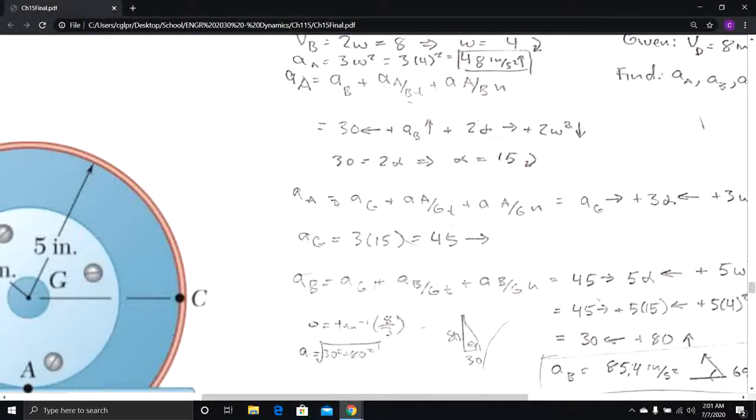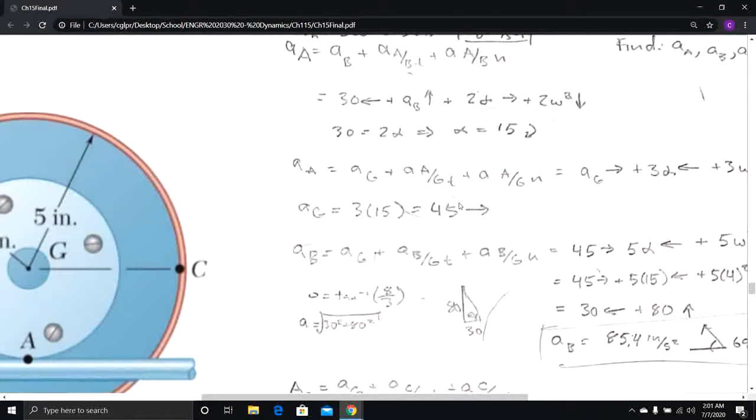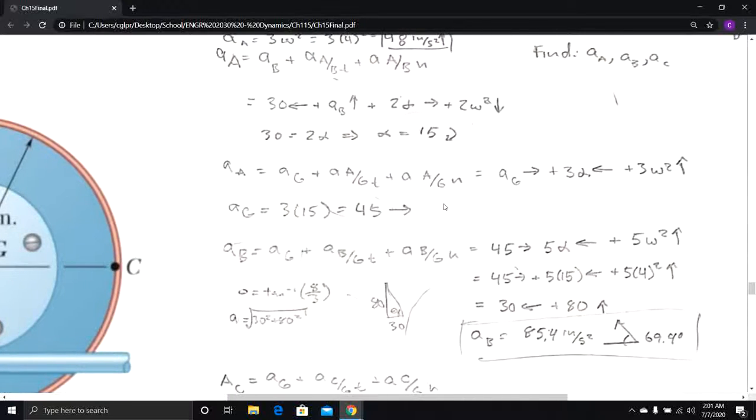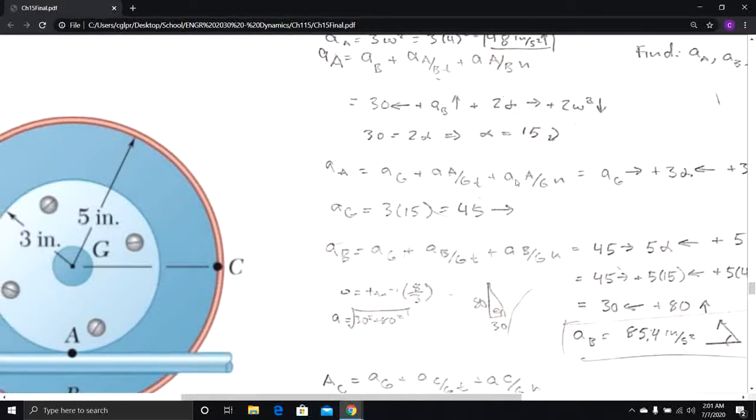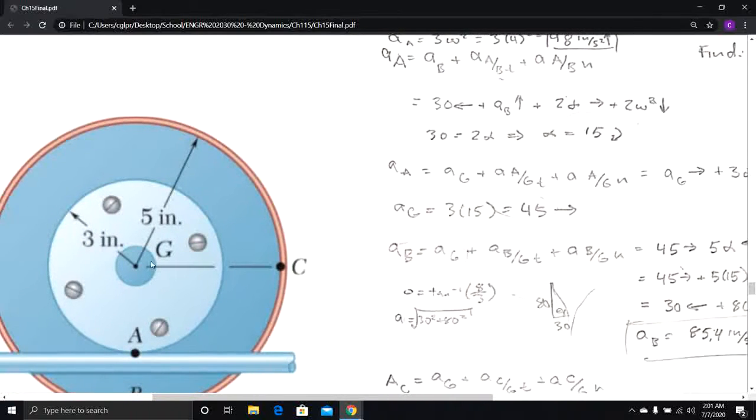I can then find the acceleration of A by looking at the acceleration of G. Same kind of situation here. Now, of course, the acceleration of G is going to just be horizontal because it's the centroid.